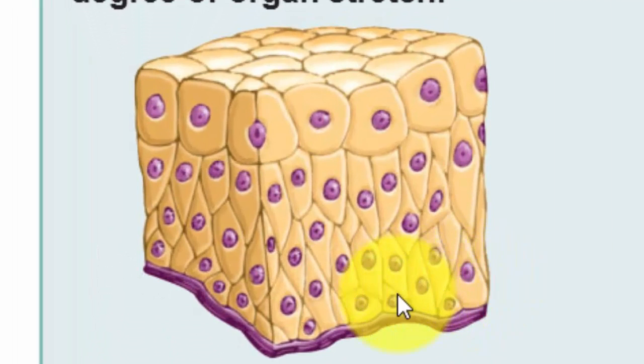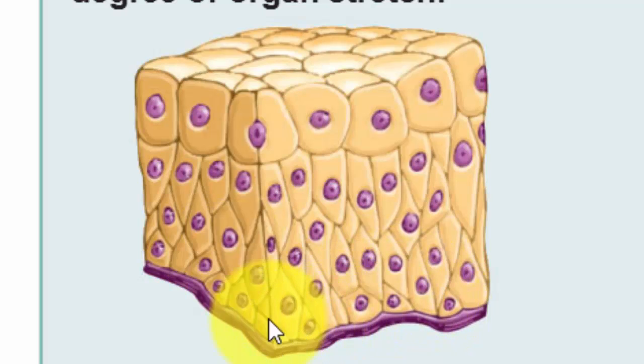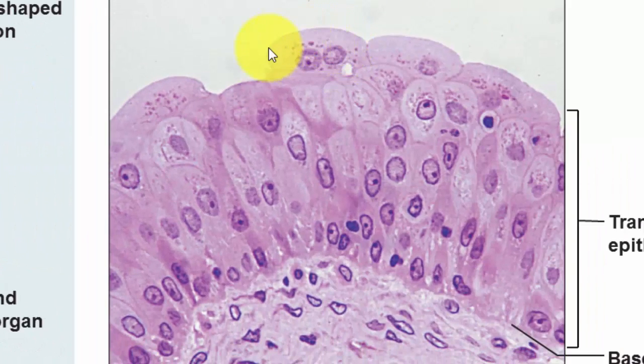You have some cells that are maybe rounded down there, and then at the top you have cells that are big and they're rounded and weird shaped. So here is one cell, second cell, third cell, and fourth cell.